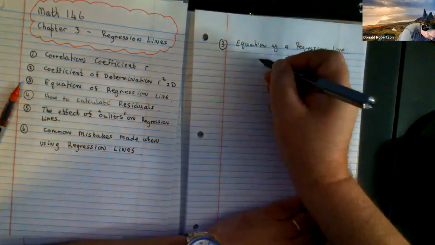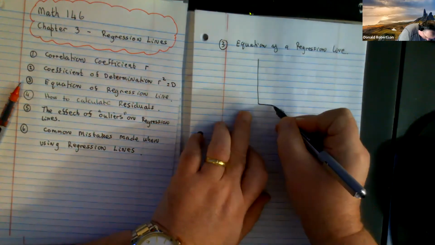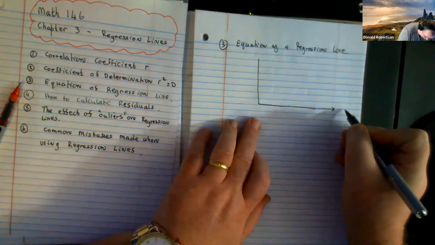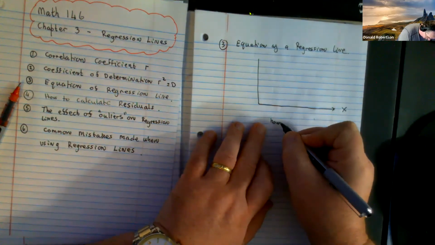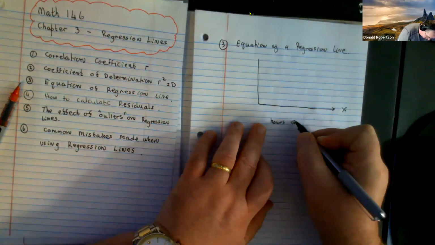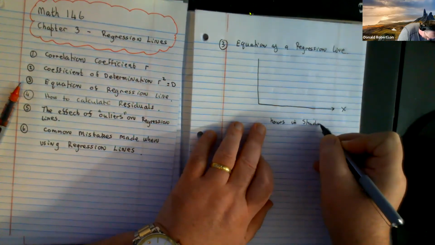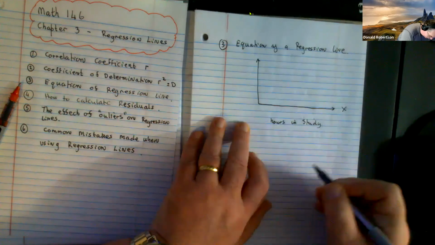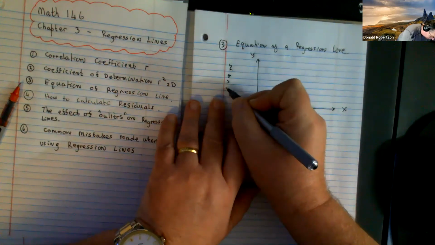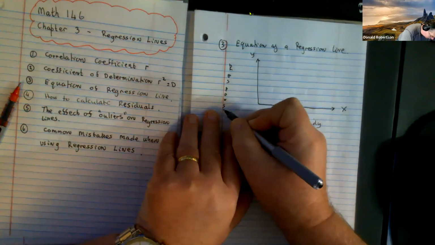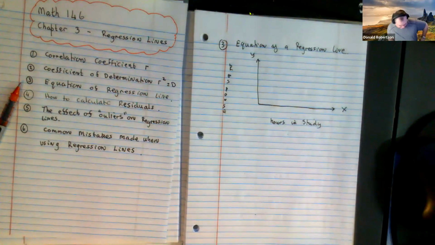So let me make up one where the explanatory variable, the x, was hours of study that a student had before an exam, and the vertical, the response variable, was the grade that the person got, right?